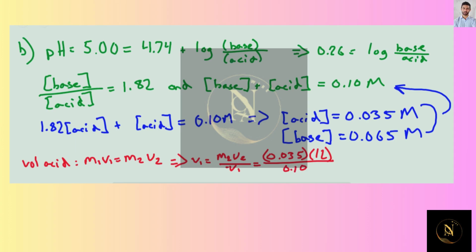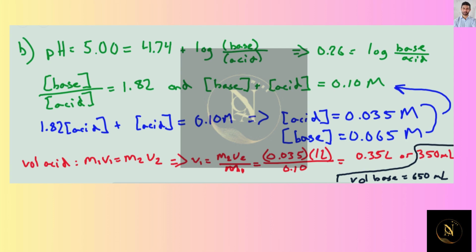This should be M1. Which gives us a value of 0.35 liters, or 350 milliliters, which means that the volume of the base is equal to 650 milliliters, because we want our total volume to be equal to 1,000 milliliters.